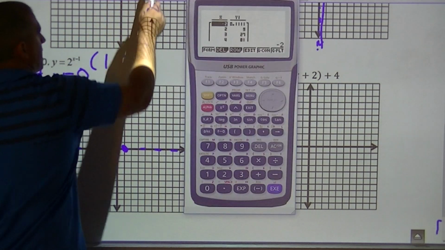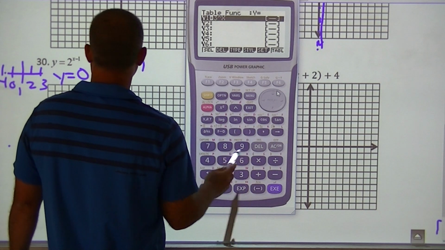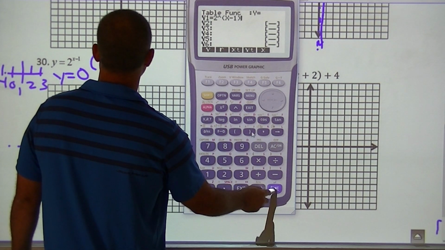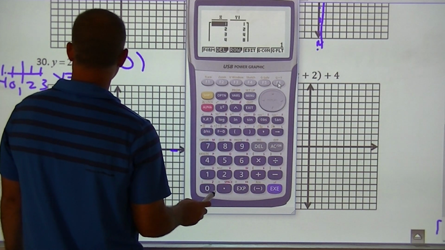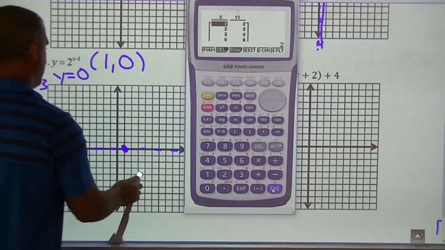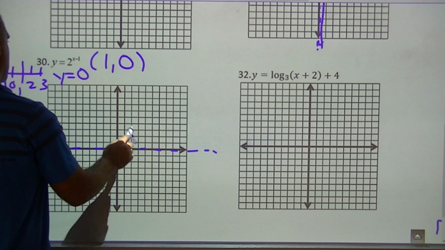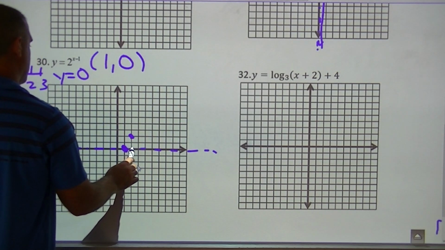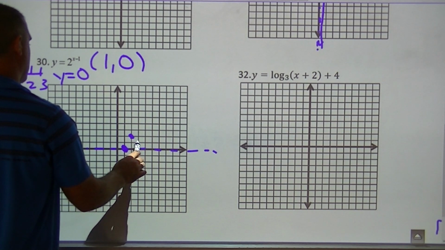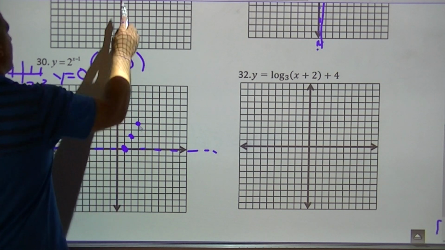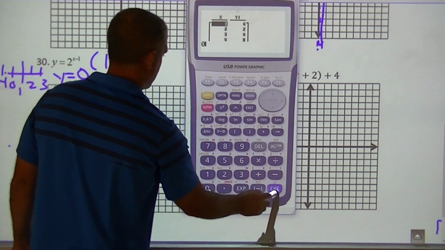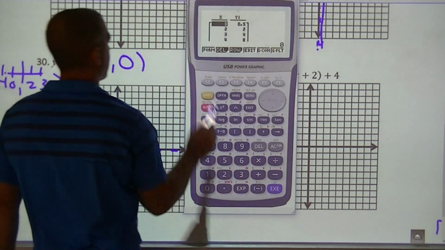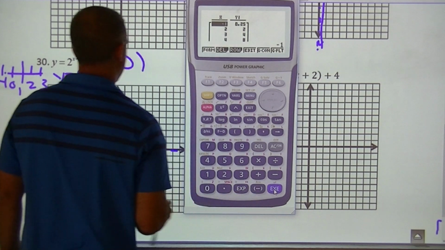I can do the exponentials in this calculator: 2 exponent x minus 1. So 2 is 2, 2. 3 is 3, 4. 0 is at 0.5. And -1 is at 0.25.